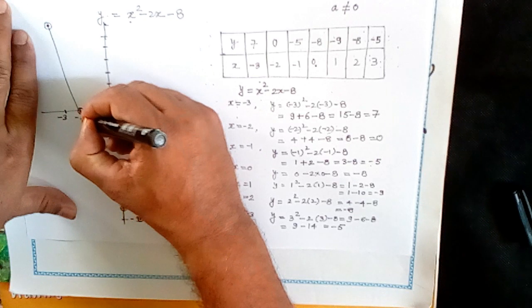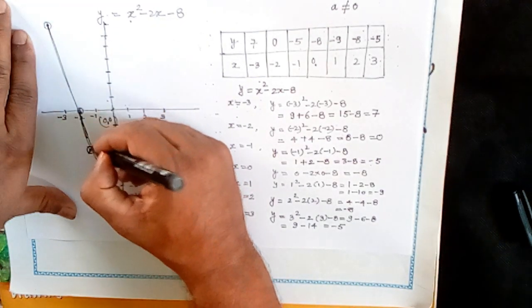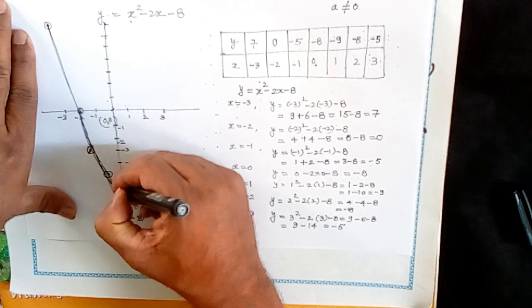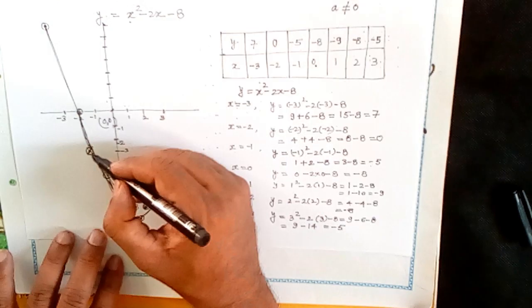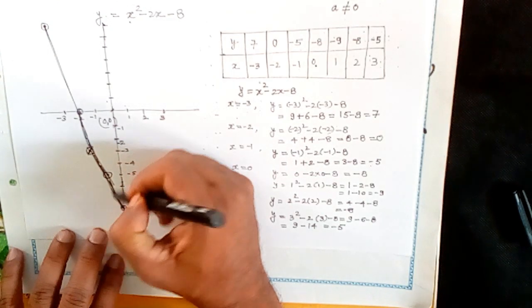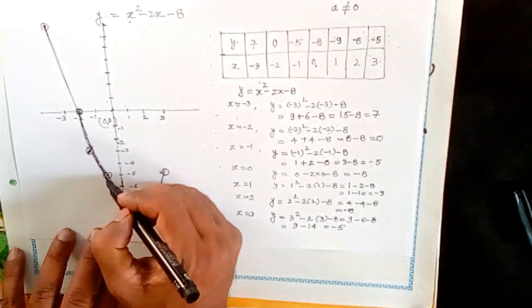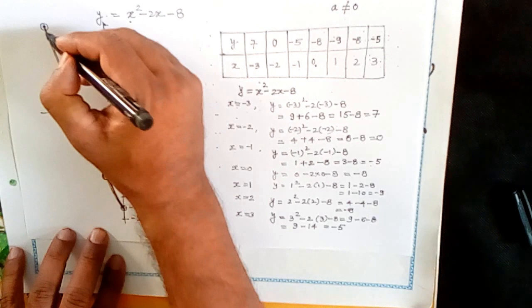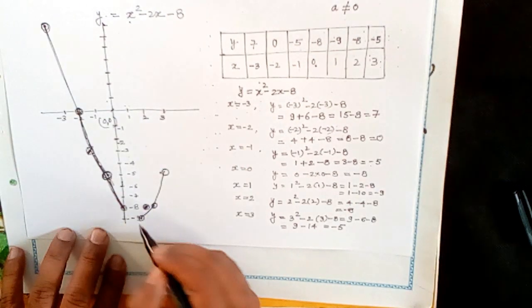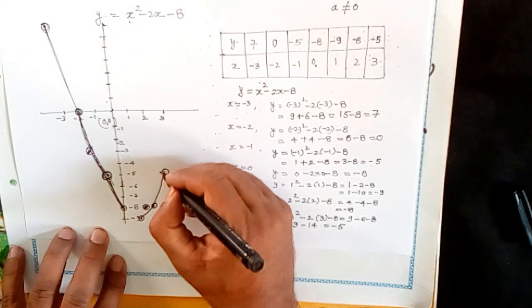I am giving you the rough idea only. So this will be the representation. At -1 we are getting -5, here it is. And if we go with this, again we will be having a graphical representation like this. So this is a typical one.